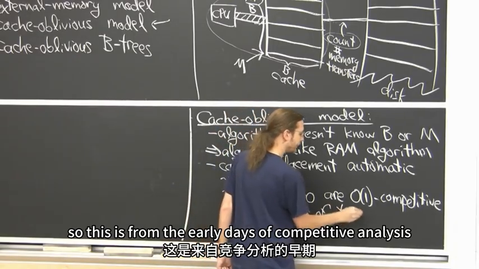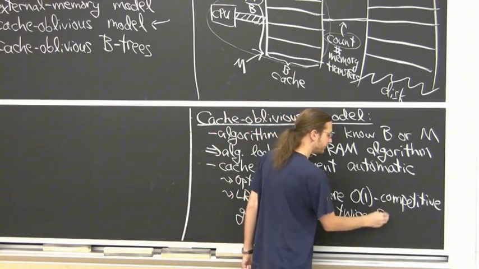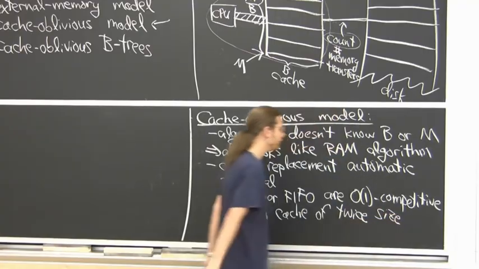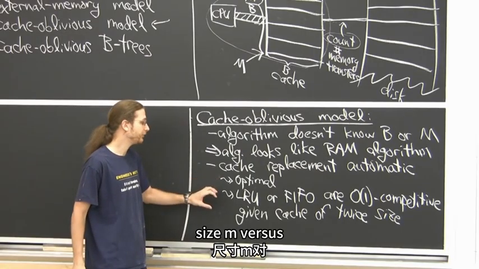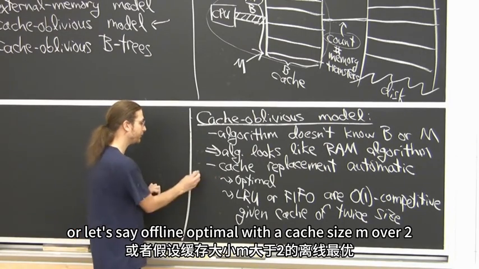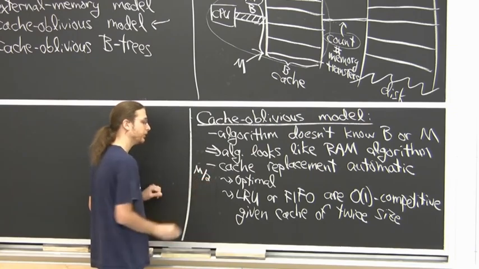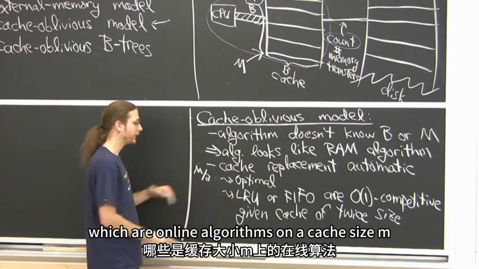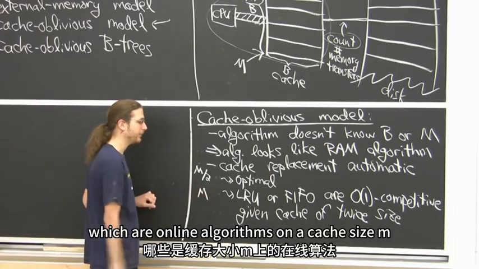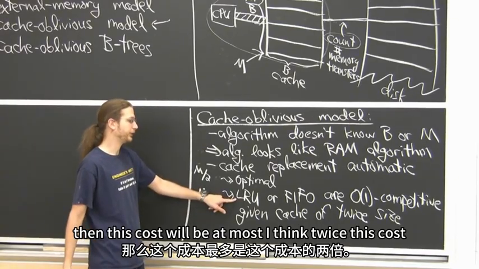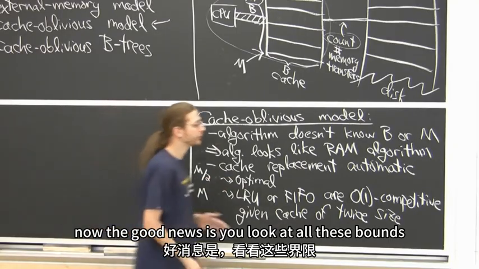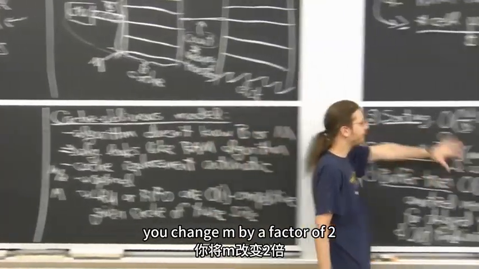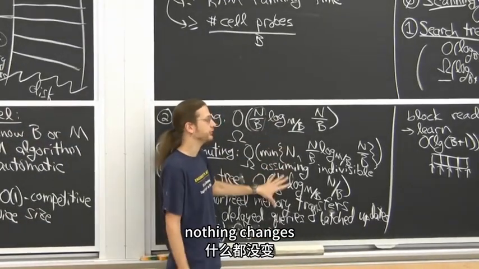So this is from the early days of competitive analysis. It says if I compare offline optimal with a cache of size M/2 versus LRU or FIFO, which are online algorithms, on a cache of size M, then this cost will be at most, I think, twice this cost. Now, the good news is you look at all these bounds, you change M by a factor of 2, nothing changes.